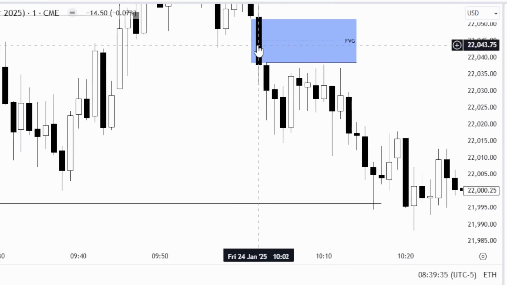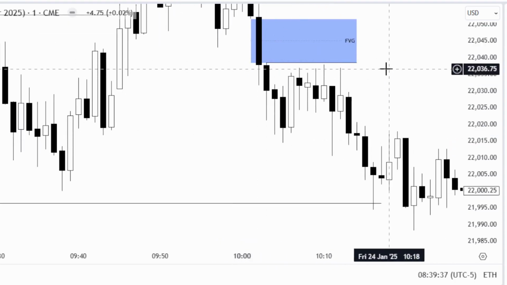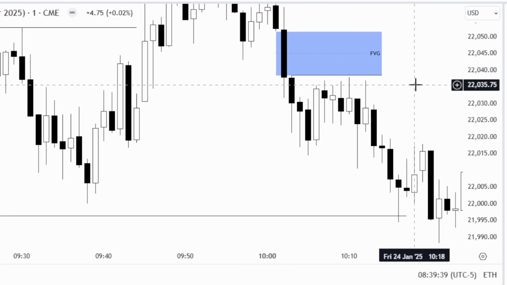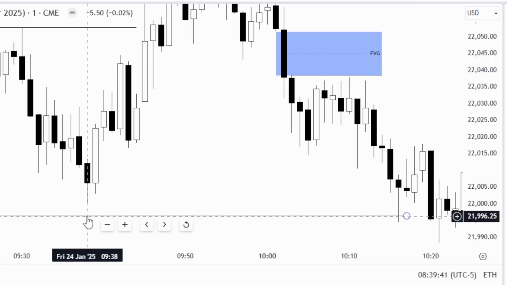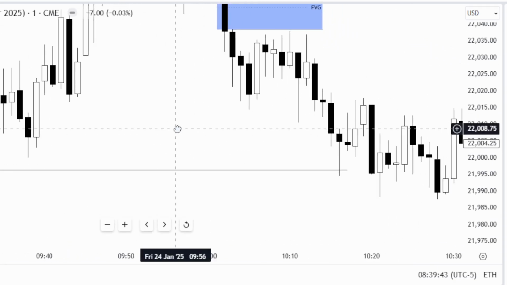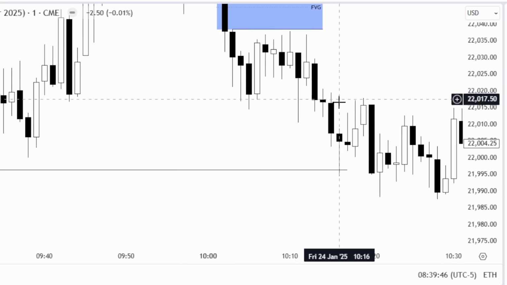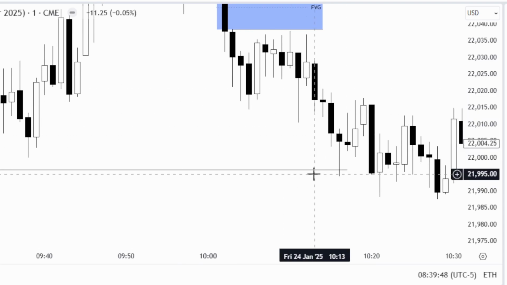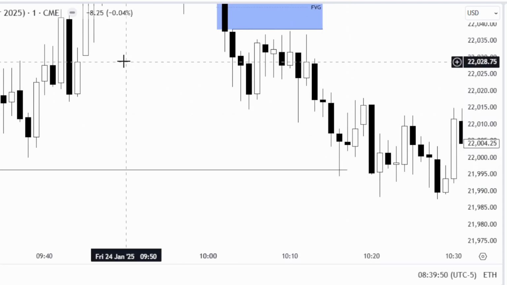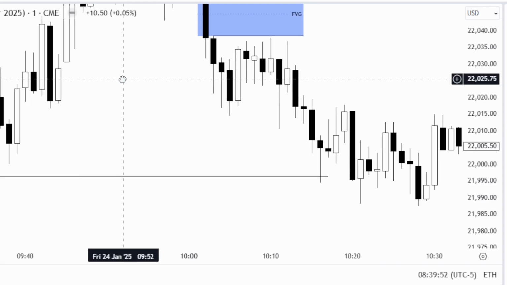But anyways, if price had come back into this fair value gap, that would have been a nice place to take a short, and then to try to target these lows. But anyway, price eventually went down there, spiked into it. You would have been out of the trade, you would have made your money, and you would have moved on.